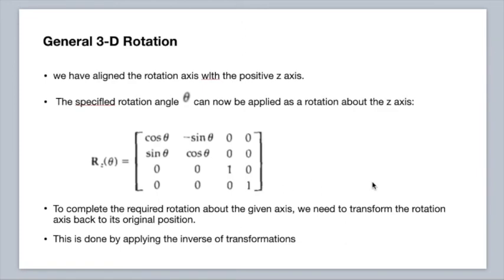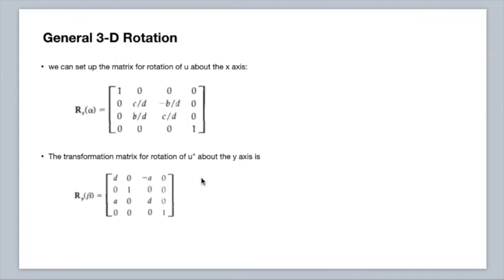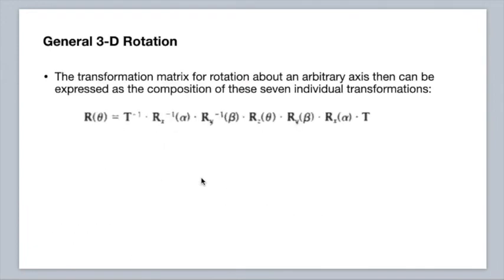Okay, and to complete the required rotation about the given axis, we need to transform the rotation axis back to the original position, and this is done by applying the inverse transformations. Okay, so after performing this rotation you have to move that rotation axis back to the original position, so you have to perform the inverse transformations. So you have to rotate it back to the original position u.